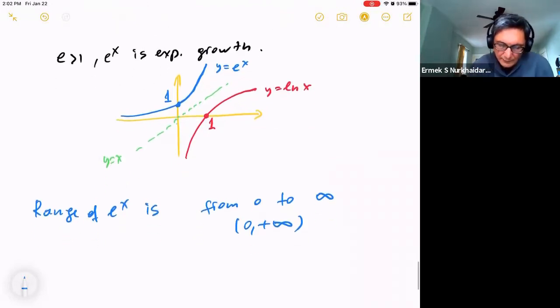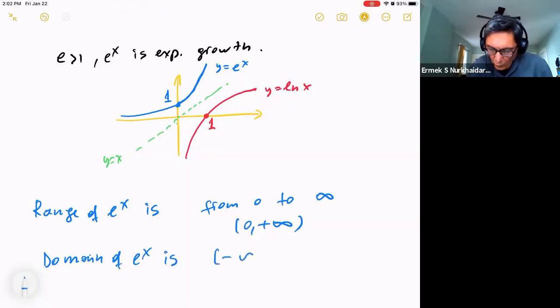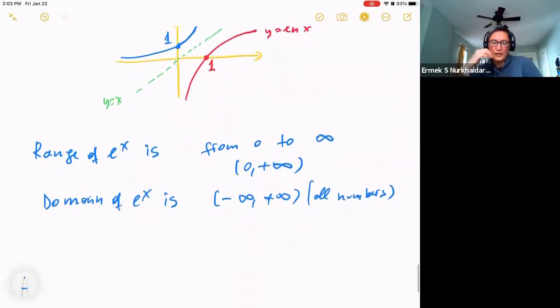The domain of e to the x is all numbers from negative infinity to plus infinity. So that's the range and domain of e to the x.